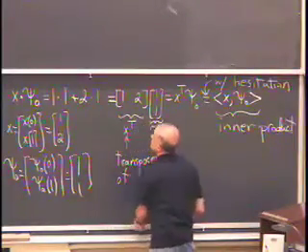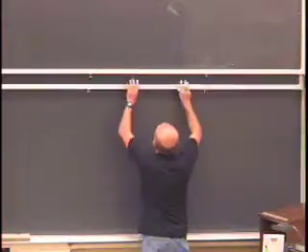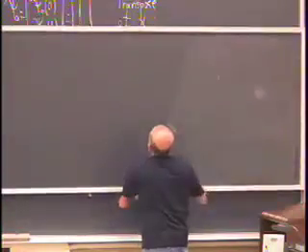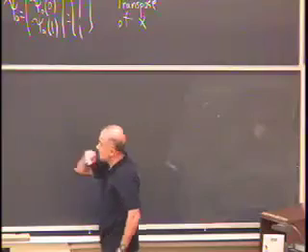But when you take the dot product of x with phi 0 on the left side, you've got to do the same thing on the right side.